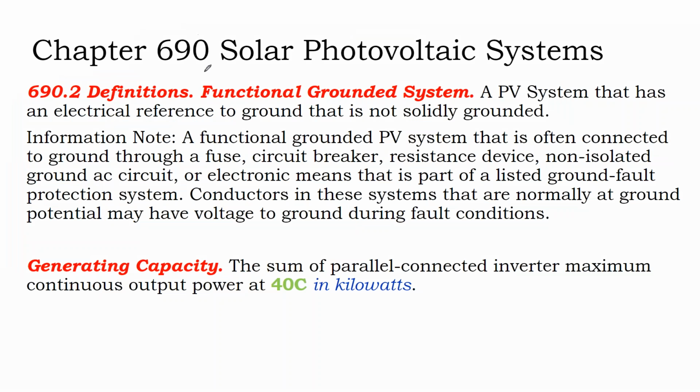Now we get to Section 690, solar. And right off the bat, we have definitions, and this one is a bit of a fumble. A functionally grounded system, which is a PV system that has an electrical reference to ground that is not solidly grounded. So if it's not solidly grounded, it's functionally grounded. All right, what does this mean?